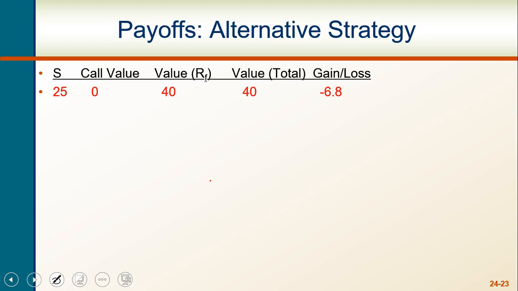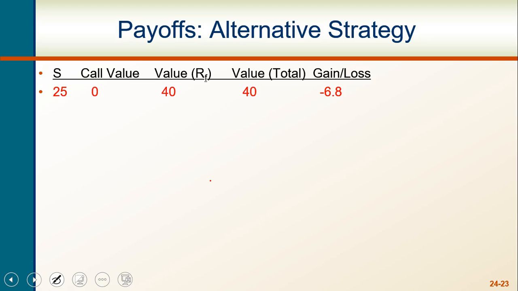If the stock price is $25, remember this time in this strategy we do not have the stock with us. In the previous strategy, when we were finding the combined value, what was happening? We had the stock, and if the stock price was $25, we also had a put option with it, and that put option was worth, I think, $15 at that time.